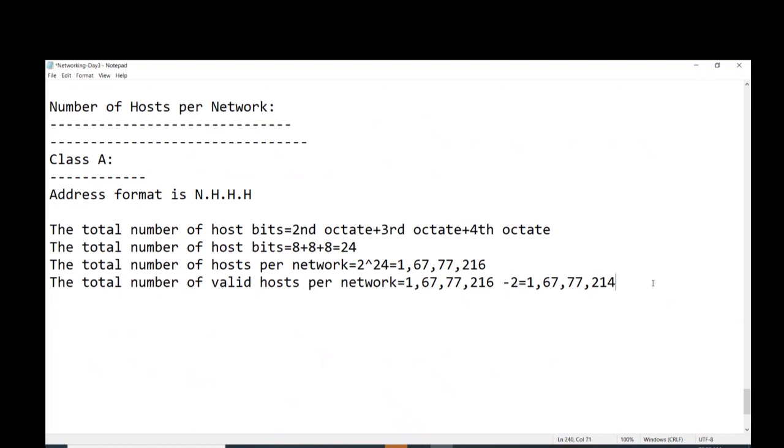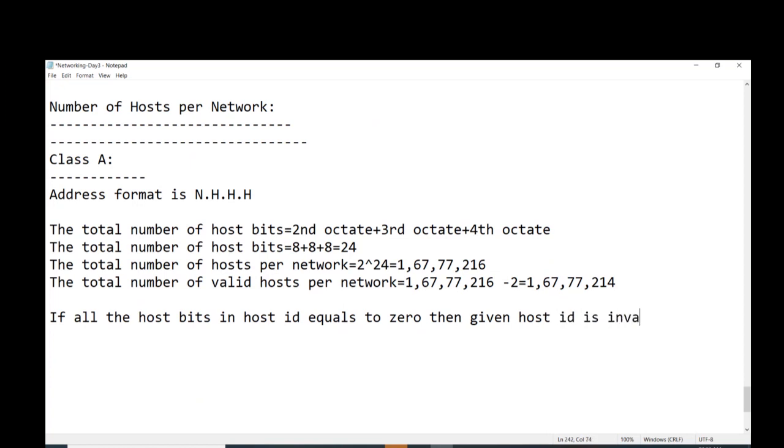Because we can't assign all 0s and all 1s. This is important: if all the host bits in the host ID equal 0, then the given host ID is invalid and the IP is also an invalid IP.